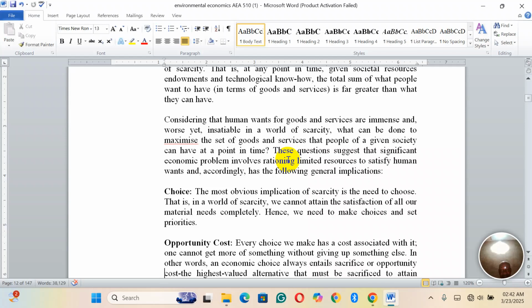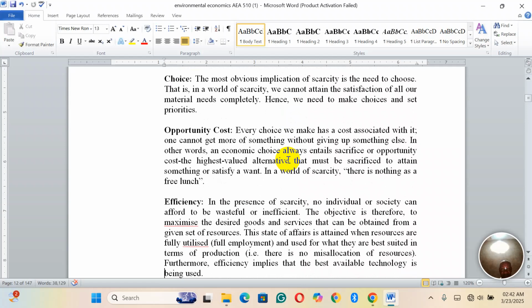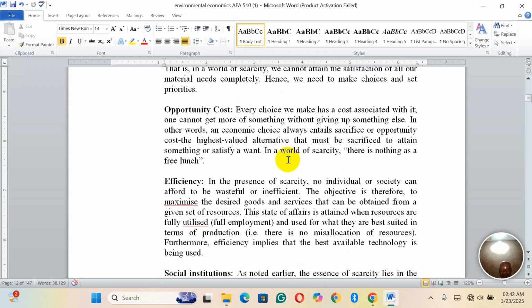That is, in a world of scarcity, we cannot attain the satisfaction of all material needs completely. So there must be choice and set priorities. Then two, opportunity cost. The opportunity cost is the alternative forgone, the sacrifice made, and the cost is the highest value alternative. That is the sacrifice to attain something.